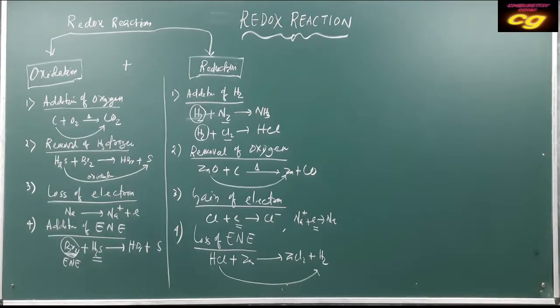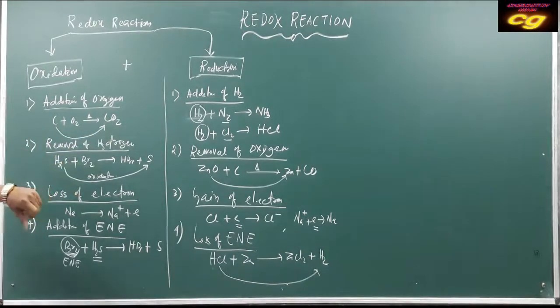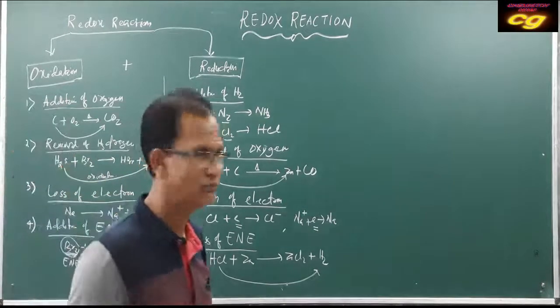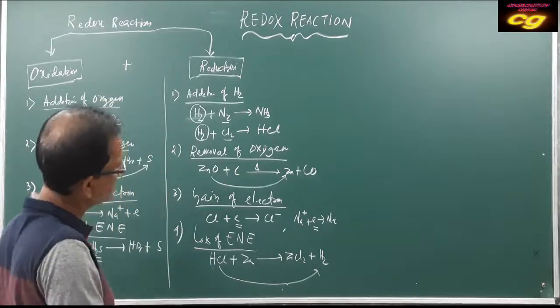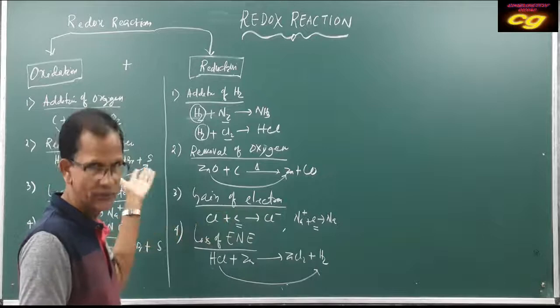That's why oxidation reduction reaction can be defined in different ways, but the meaning is the same, only the mode of expression is different. Both involve loss or gain of electron.